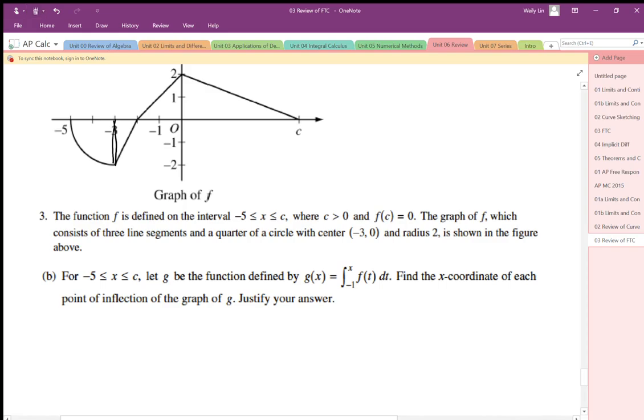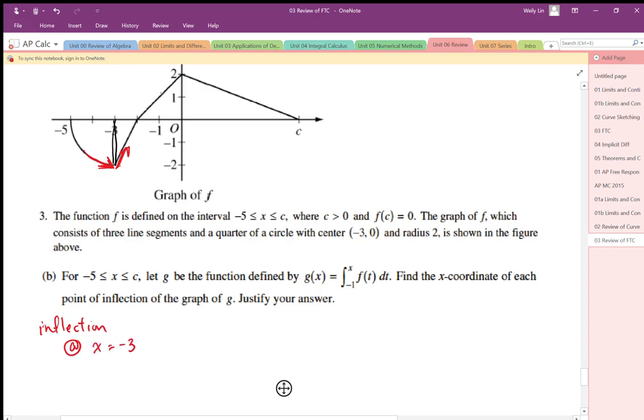The points of inflection are going to happen when the slope of the slope graph changes from negative to positive or vice versa. Okay, so that's one point. Inflection happens at x equals -3.